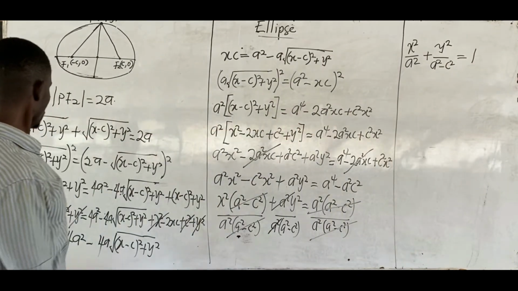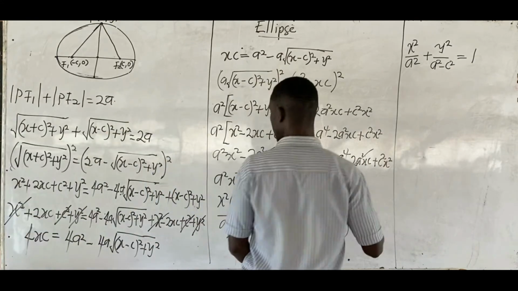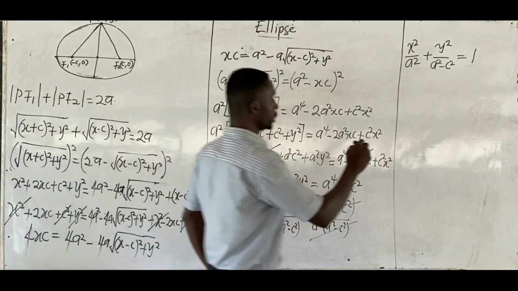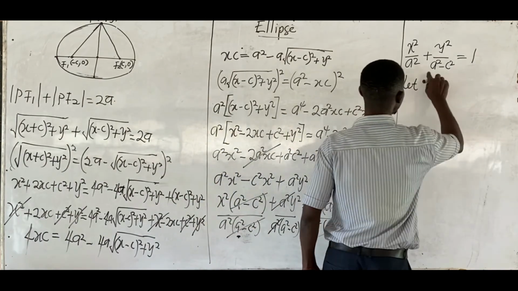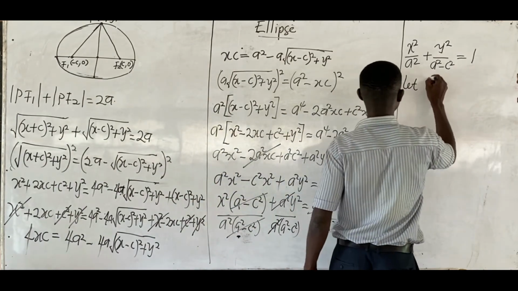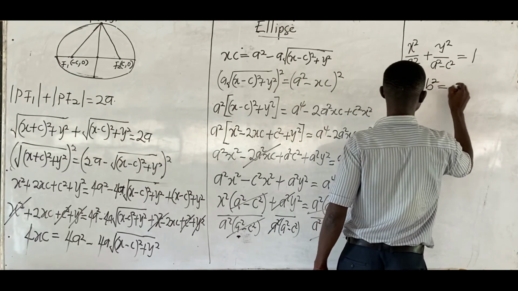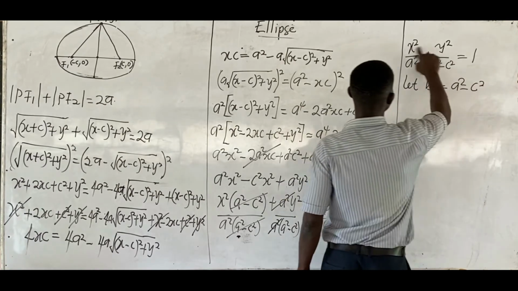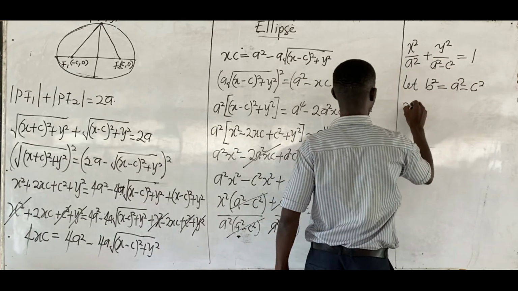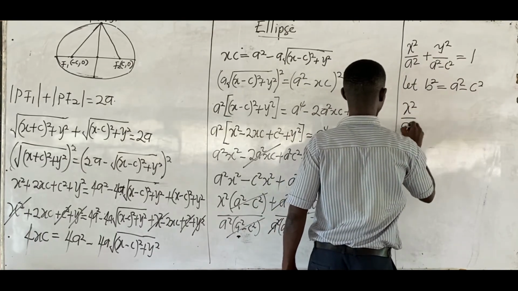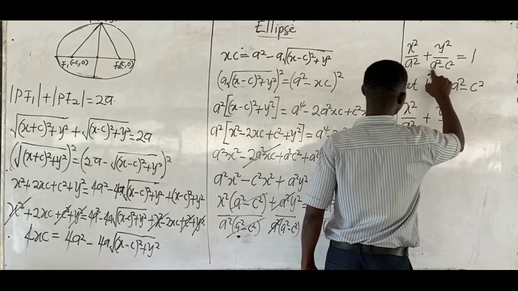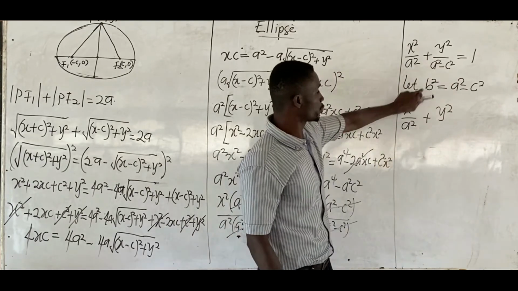Good. Now, because here everything is squared, if you let b squared is equal to a squared minus c squared, then the whole of this turns out to be x squared over a squared plus y squared over b squared is equal to 1. Whatever you see, a squared minus c squared, you put b squared there.